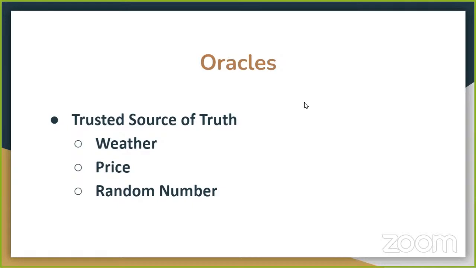Chainlink provides us with decentralized oracles that solve the problem of having to call an API to supply information from off-chain to on-chain. So Chainlink solves that problem by providing standards for decentralized oracles that we can use on the blockchain.